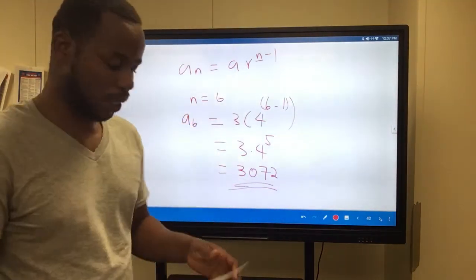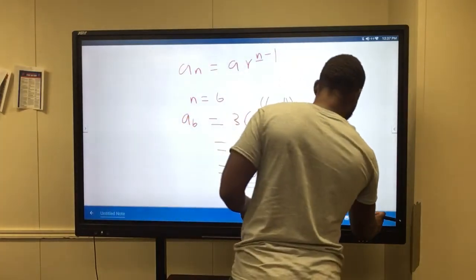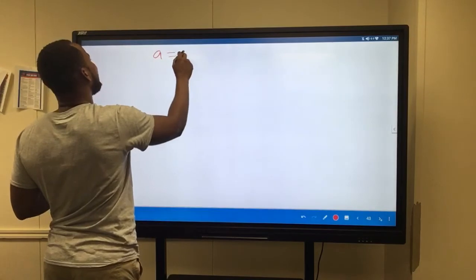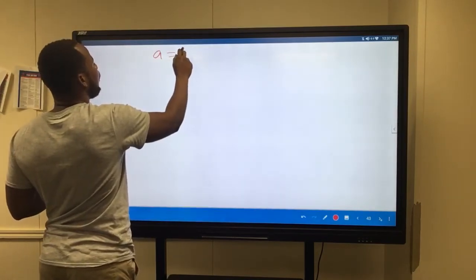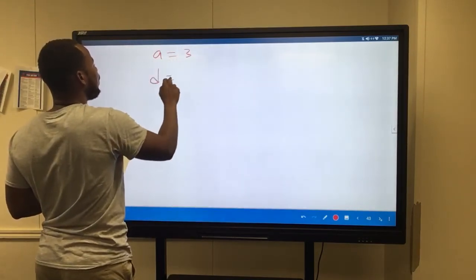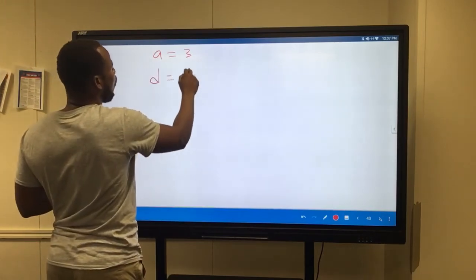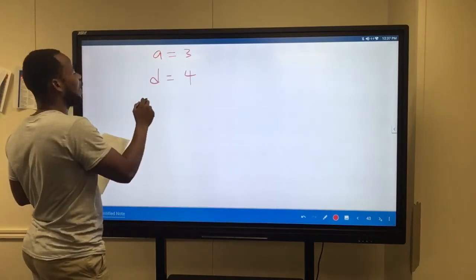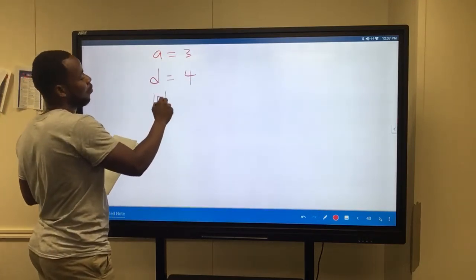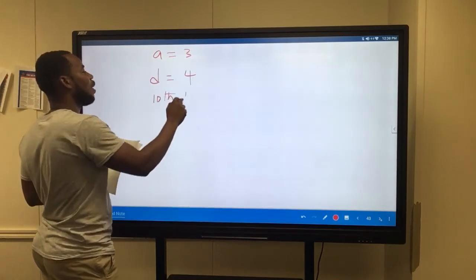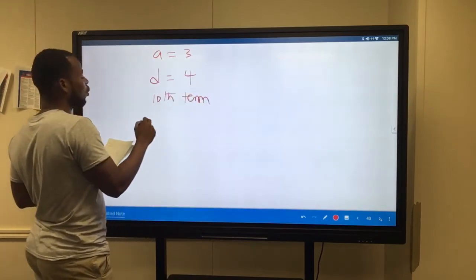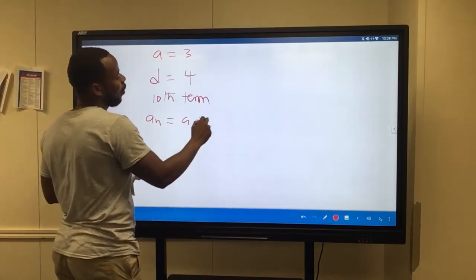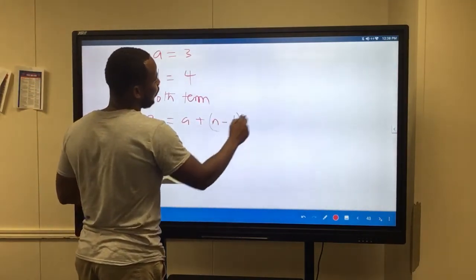So what we learned today, closure: if you are given the first term of a sequence to be 3, and I told you the common difference is 4, and I ask you to find the 10th term, all you have to do is write the formula a_n is equal to a plus (n minus 1) times d.